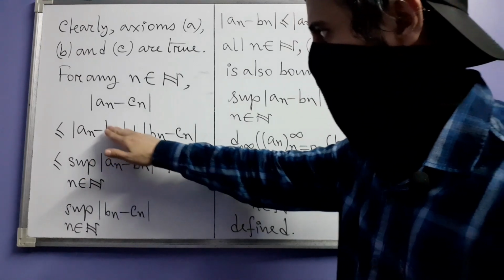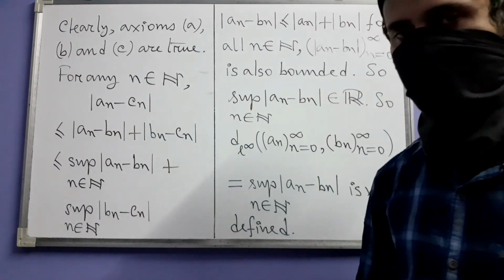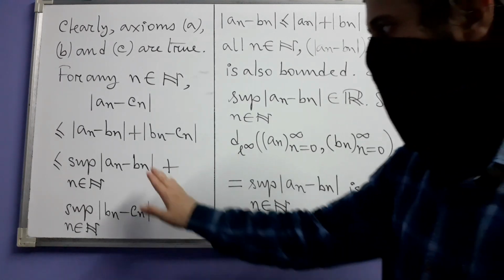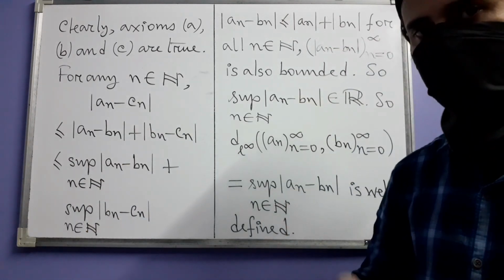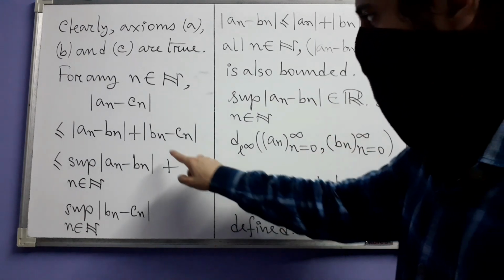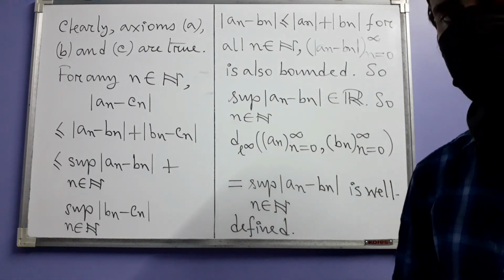Now this single real number is less than or equal to the supremum of all such real numbers. Obviously, because the supremum is an upper bound for the set of such mod an minus bn as n changes. Similarly, this one is less than or equal to the supremum of mod bn minus cn.